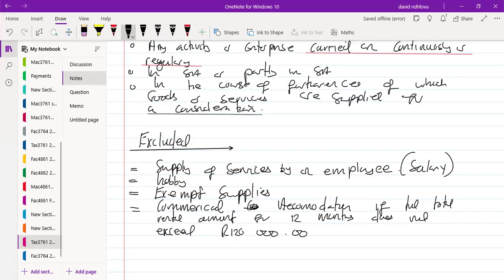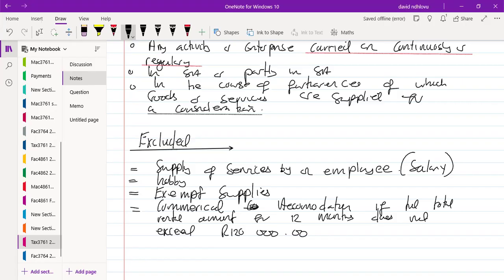Under normal circumstances, commercial accommodation does attract VAT and it qualifies for the definition of enterprise. However, if your total rental income from providing commercial accommodation, for example bed and breakfast, B&B, hotels, that's commercial accommodation.